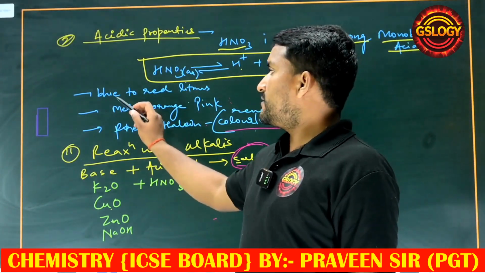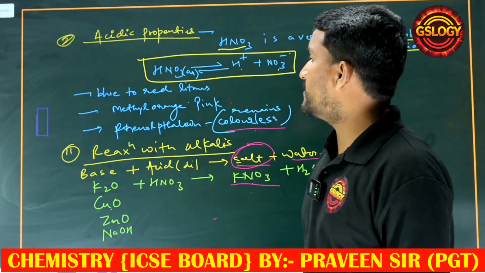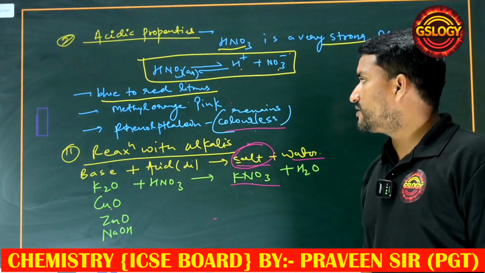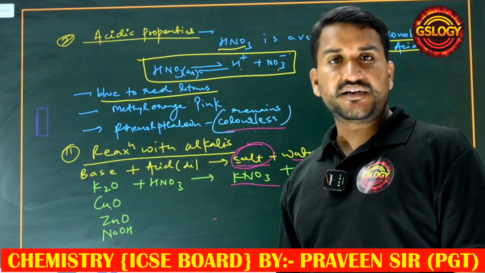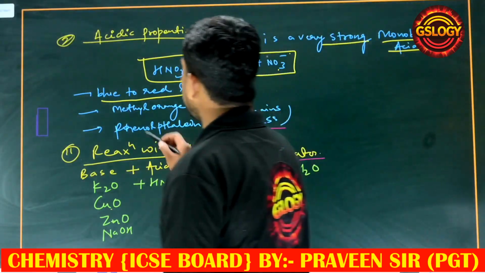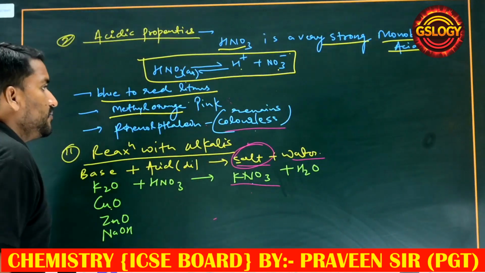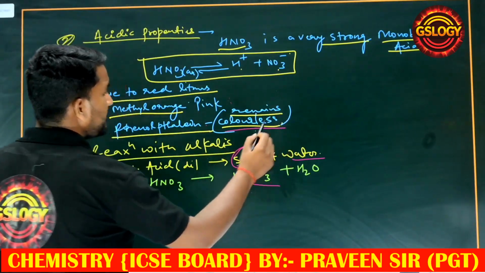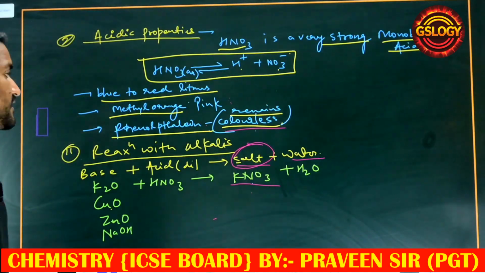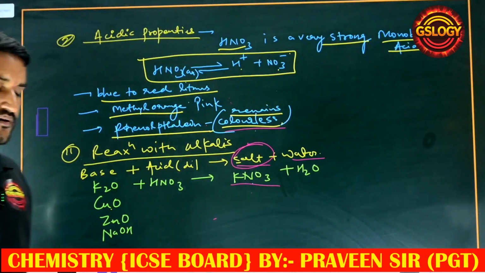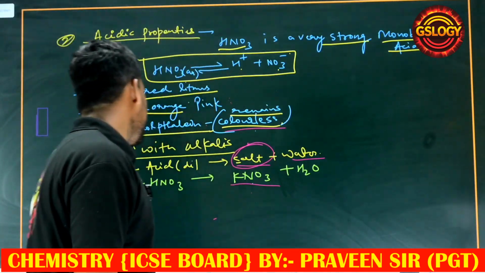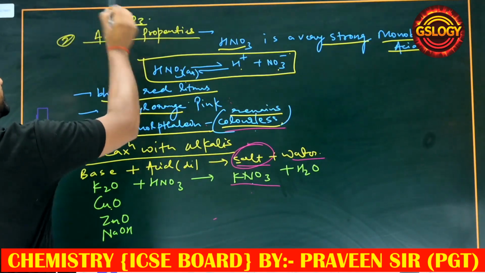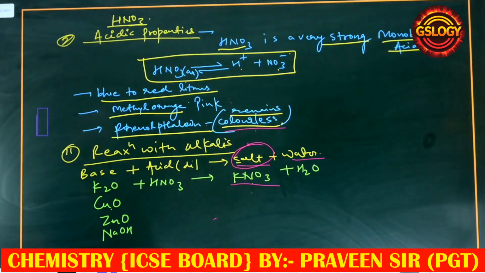In aqueous solution it converts blue litmus paper into red, meaning it is acidic in nature, and methyl orange turns pink. Phenolphthalein remains colorless because nitric acid is acidic in nature. This is the acidic property of nitric acid.